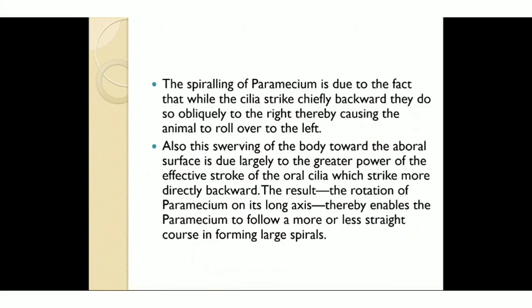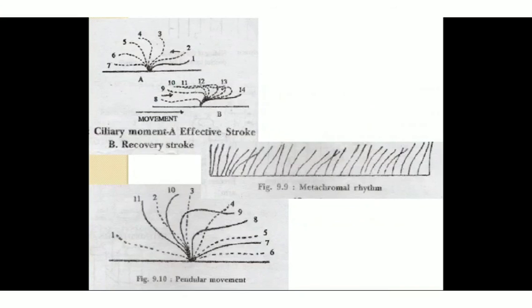And this swerving of the body towards the aboral surface is due to the great power of the effective stroke of the oral cilia, which strike more directed backward. It causes the rotation of paramecium on its own axis, and it enables the zigzag path of the paramecium.